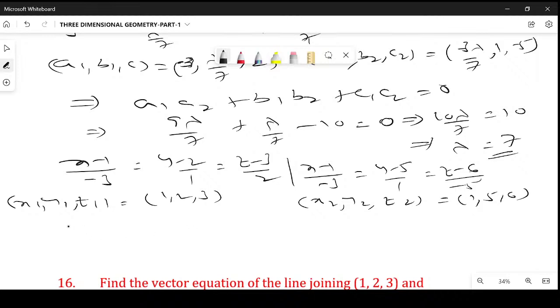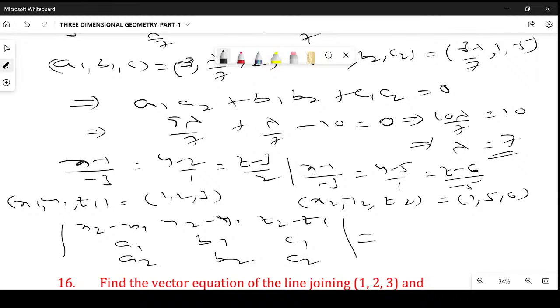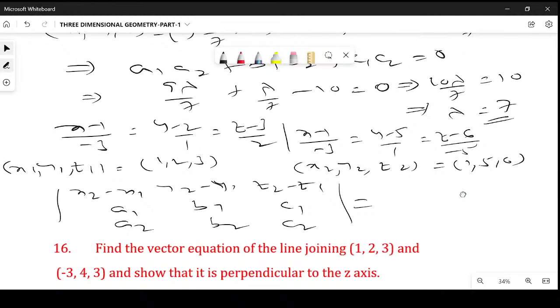So if we take the determinant, I can take it x2 minus x1, y2 minus y1, z2 minus z1, a1, b1, c1, a2, b2, c2. If we take this determinant value, if it is 0, then automatically the lines are intersecting. If it is not 0, definitely the lines they are not intersecting.